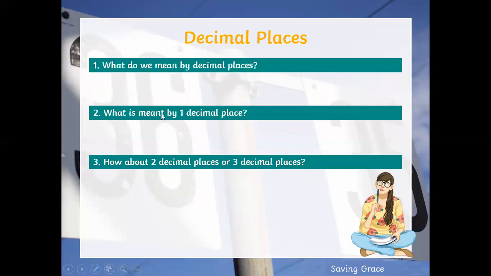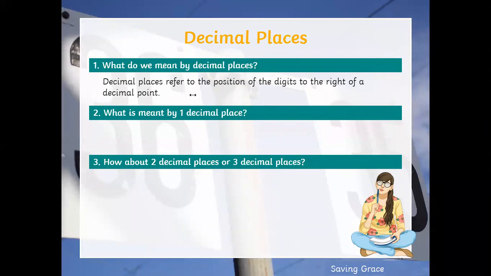Okay, decimal places. What do we mean by a decimal place? Decimal places refer to the position of a digit to the right of the decimal point. So if you say 5.8, the point in the middle is the decimal point. We can get 5.8225 and go on and on. Then we can say, I want to round to the third decimal place.